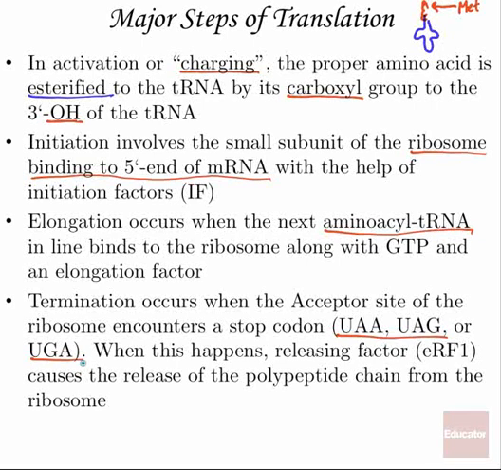If it's eukaryotes, it's ERF1. If it's prokaryotes, it's RF1 or RF2. And that will cause the release of the polypeptide chain from the ribosome because it's hydrolyzing it and releasing it. Now we'll get more into the release factors as we hit the termination section in this presentation.